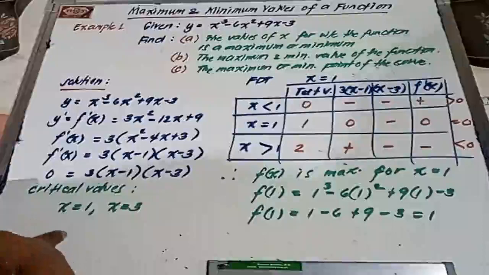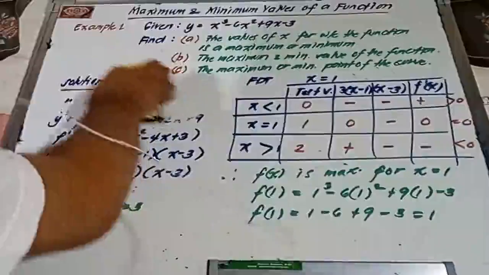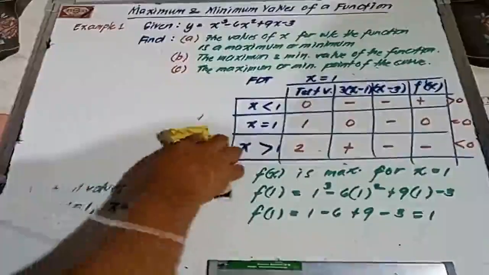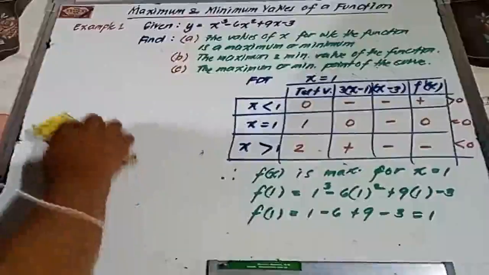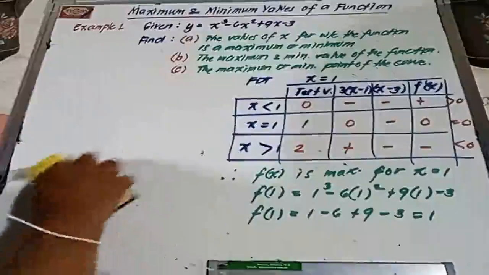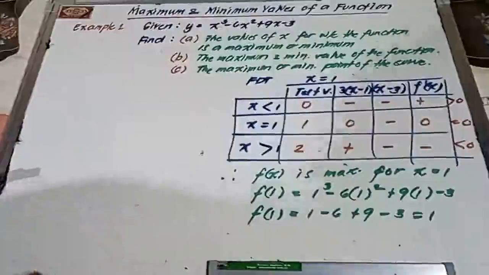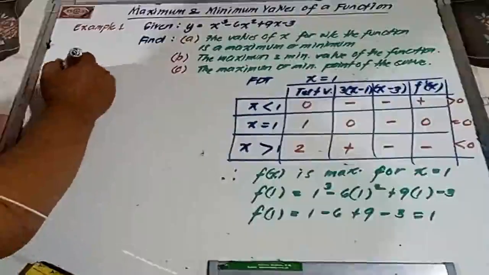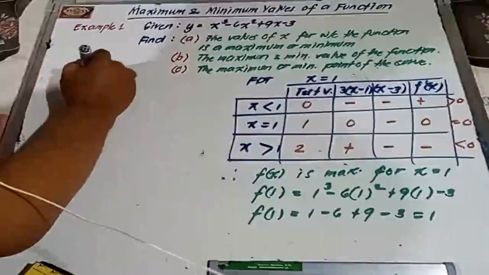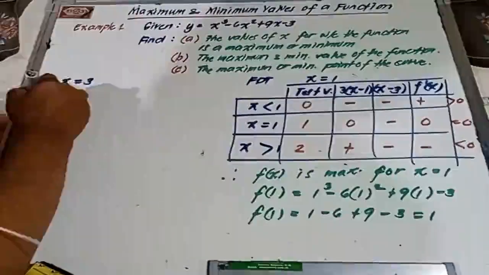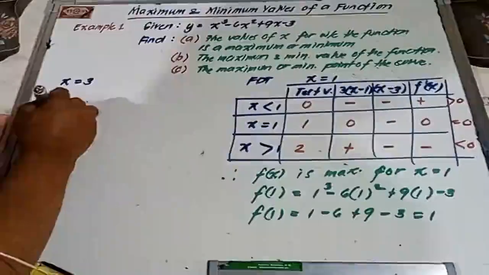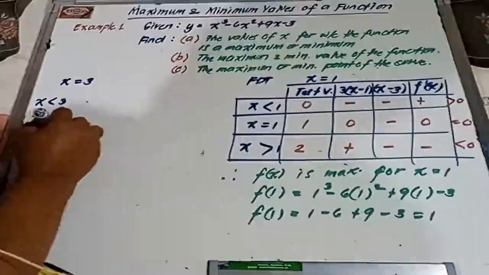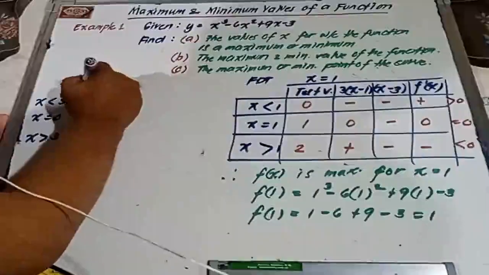Next, test naman natin si x equals 3. Okay? X equals 3, test natin. We have x less than 3, x equal to 3, x greater than 3. Then we have the test value.